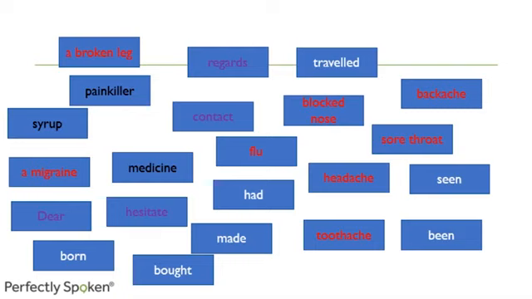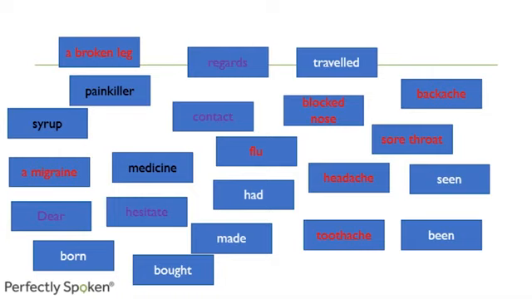Then the ones in red are related to illnesses. For example, a migraine, flu, blocked nose, backache. Remember the pronunciation: backache, headache, toothache, sore throat. And then we've got a broken leg as well. Notice we use the past participle there as an adjective.